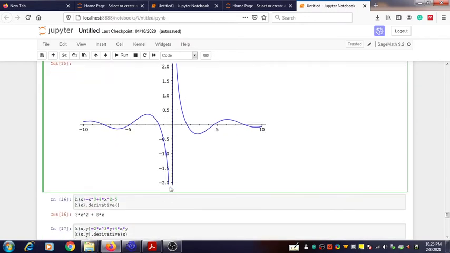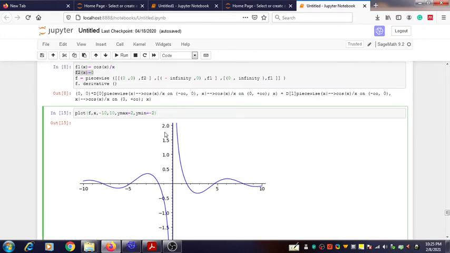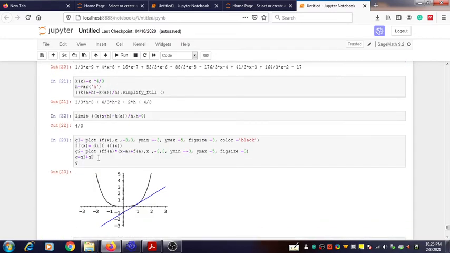So y variation is allowed from minus 2 to plus 2. This is the figure that you are going to get when you apply this.